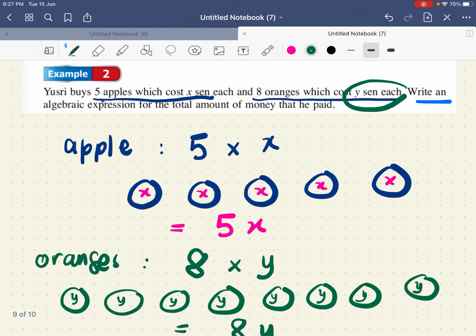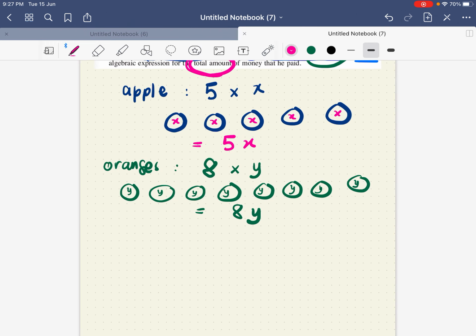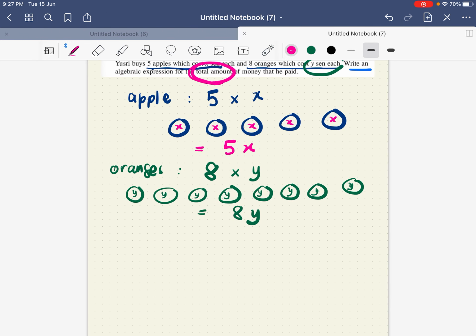Okay. Soalan nak total. Apa konsep total? Konsep total kena tambah. So, disebabkan X dengan Y ni adalah alfabet yang lain, tak sama, dia tak boleh kata total.